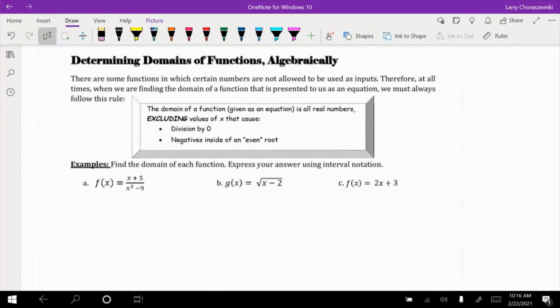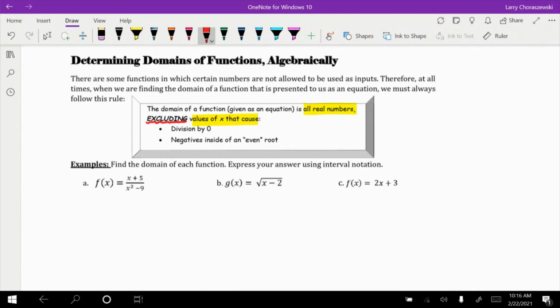So when functions are presented to us as equations, the best way to approach finding the domain is to figure out what values of x should not be plugged in. So, long story short, we can assume that the domain of a function, when it's given as an equation, is all real numbers except, or excluding, values of x that cause one or both of these things.